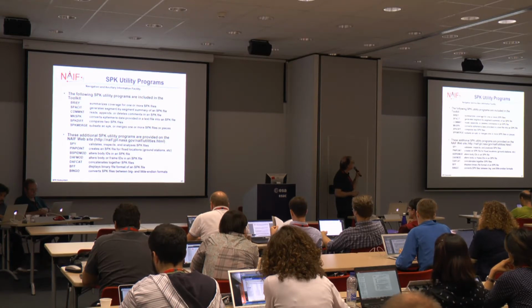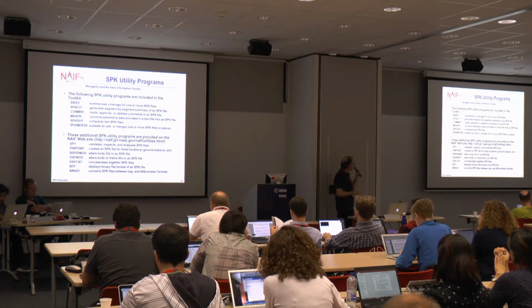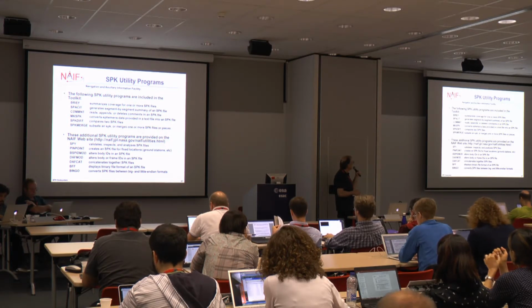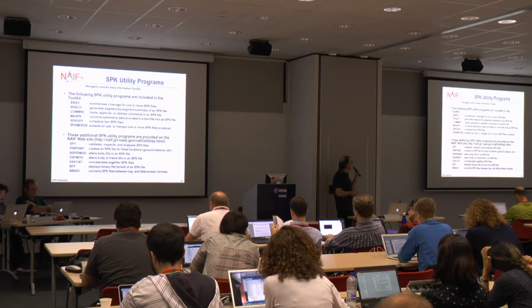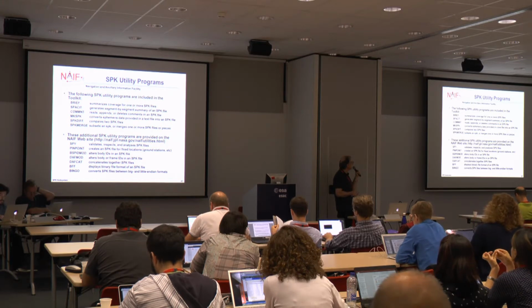There are a bunch of utility programs that support SPK manipulation or inspection. Brief summarizes coverage. Spacit generates a segment-by-segment summary of an SPK file. Comment is for reading, appending, or deleting comments. Mkspk converts ephemeris data provided in a text file into an SPK file.